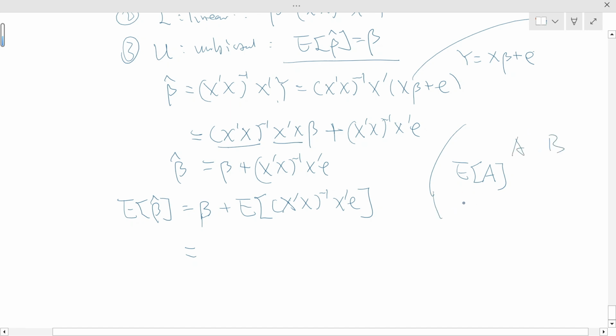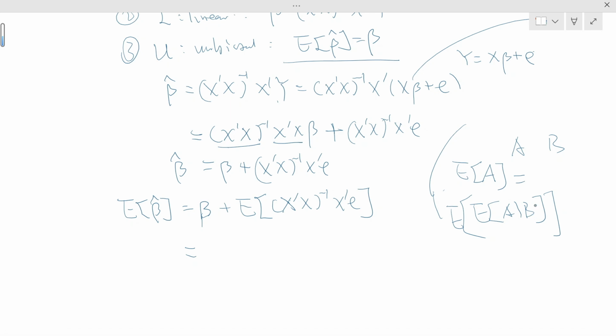The expected value of A equals first conditioning on B, then taking expectation with respect to B. The inner expectation is conditional on B, and the outer expectation is taken over B. This is the same as the expected value of A.